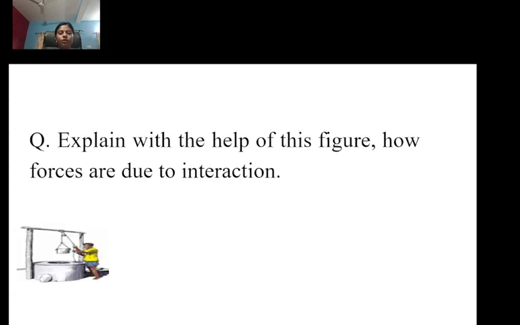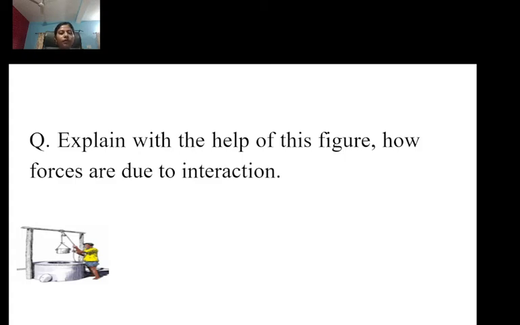Okay, that's good. Now, explain with the help of this figure that forces are due to interaction. Yes, student, you have to explain, right? Okay. That man tried to pull that bucket.